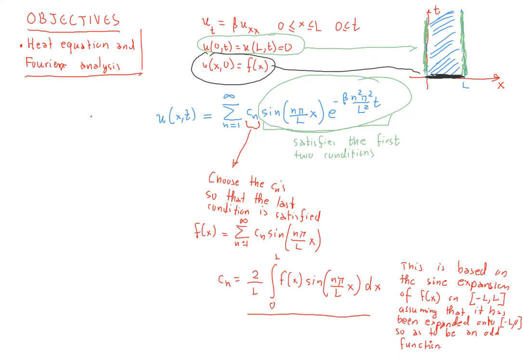The challenge that we face when we look at this kind of problem is that we want to find a function f of x that is continuous on the one hand, and also satisfies f of 0 equals f of L equals 0.